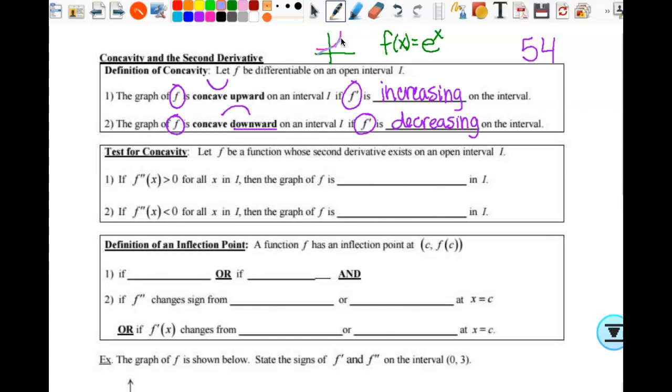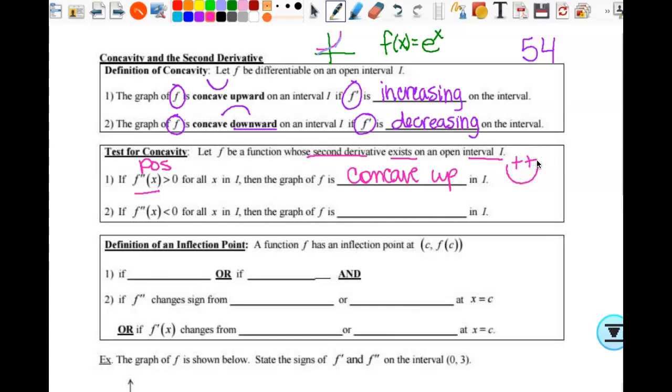Okay, perfect. Then, the way we're going to test for concavity, let f be the function whose second derivative exists on an open interval, okay? So if f double prime is greater than 0, what's another way to say that? Positive. For all x in the interval, then the graph of f is concave up in I. Okay, concave up, positive.